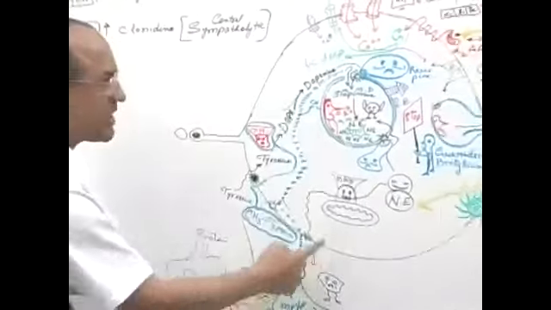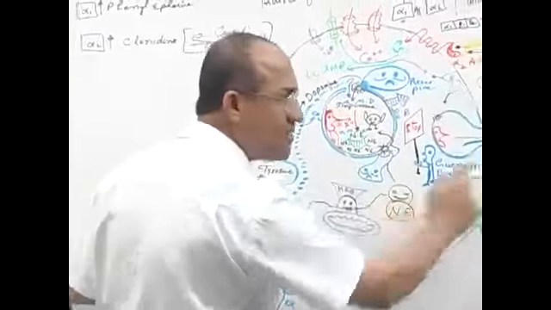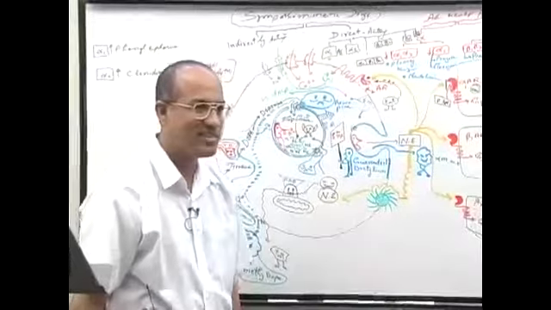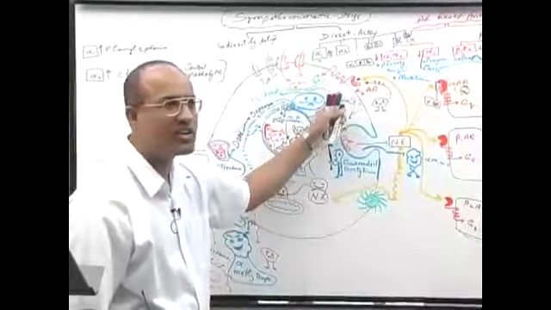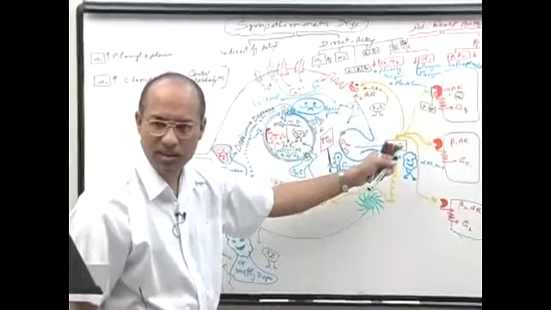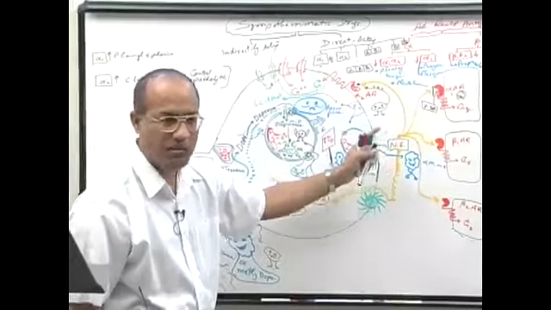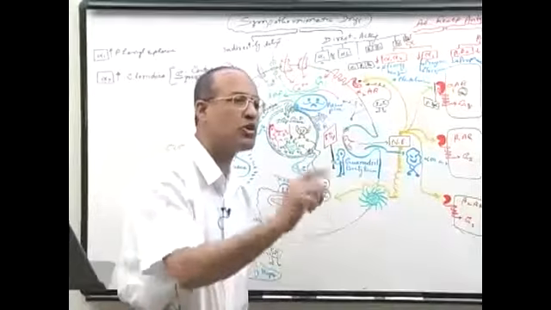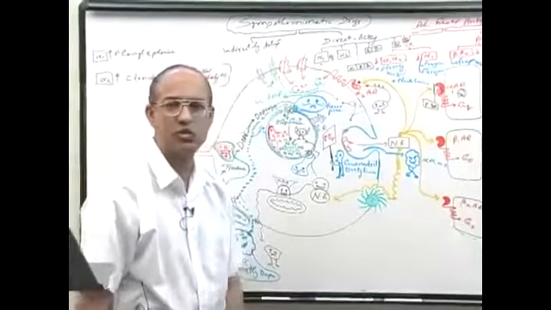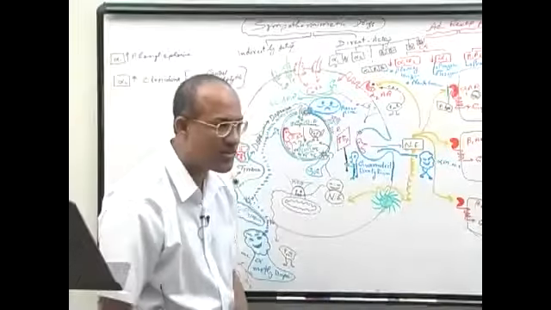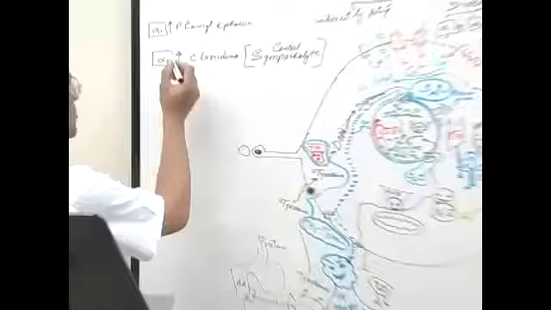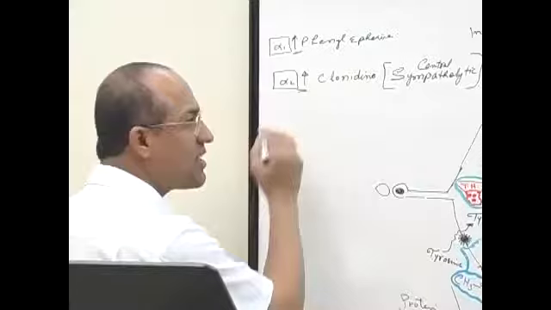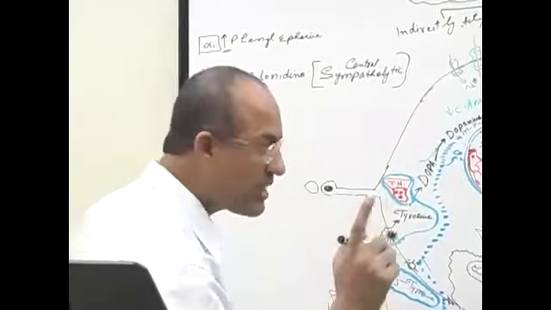Alpha-methyl dopa, as I told you, will be taken up by the system and released as a pseudo neurotransmitter, and again neurotransmission fails. So clonidine reduces the discharge of normal norepinephrine from the nerve ending, but alpha-methyl dopa leads to the release of pseudo neurotransmitter and reduces synthesis of the original neurotransmitter. Am I clear? So an alpha-1 stimulant is sympathomimetic, but an alpha-2 stimulant is sympatholytic. This is a very unusual point.